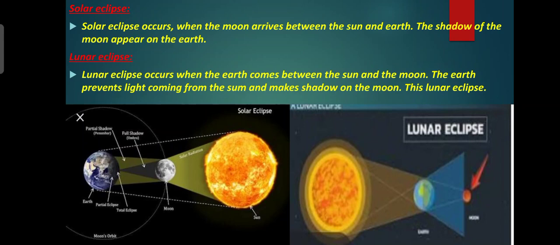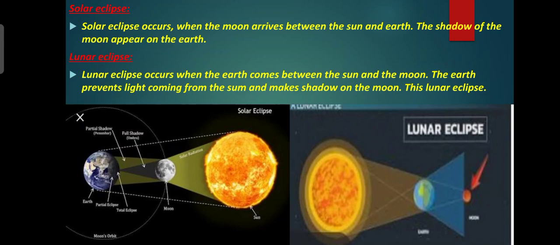Annular: when the moon covers the sun, but the sun can be seen around the edge of the moon, giving an impression of a bright ring surrounding the dark disk of the moon. Next one, total: when the sun is completely covered by the moon, the sky becomes so dark that it appears to be night. Only a small area on the earth can witness it.